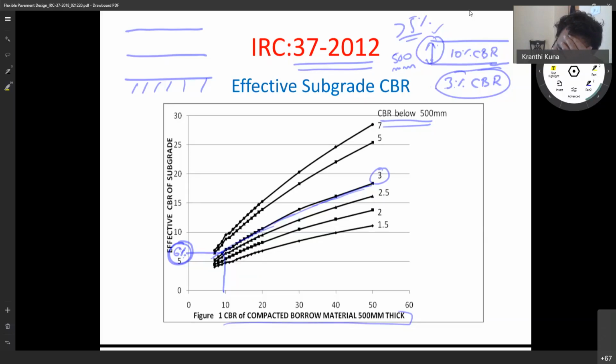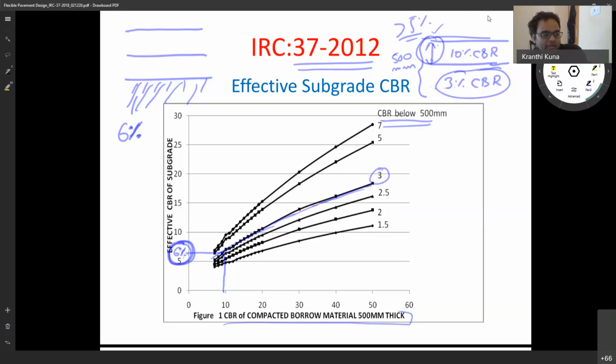I have 500, I'll model it as 500, and below it the CBR as 3%. Okay, no, we should not be doing that. We should be considering these two layers together as one layer, which is here. So now I got 6% CBR. When I am modeling in the IITPAVE, I consider this as a subgrade CBR of 6%.